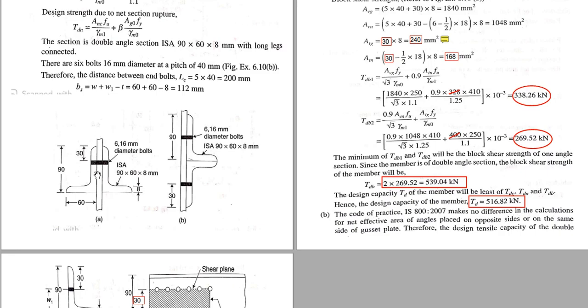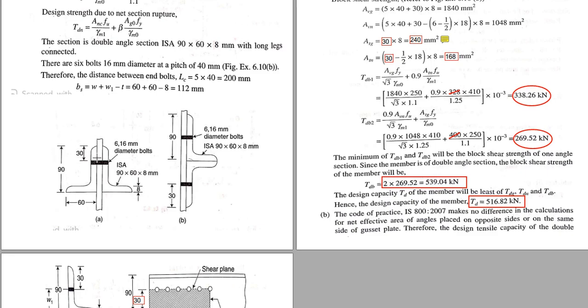From this figure you can understand that two angle sections are placed, one on the left of this gusset plate and another on the right side of the gusset plate. These angle sections are 90 by 60 by 8 millimeter, and there are 6 bolts of 16 millimeter diameter, and the longer leg is connected.